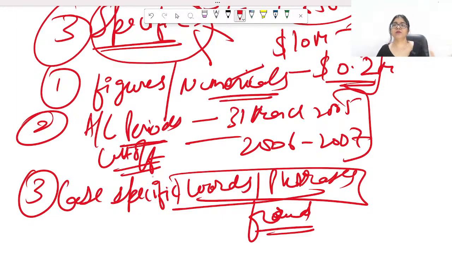So that is another little loophole which you can use, right? So again, case specific words you can definitely put in your answers, and again it becomes very very case specific.